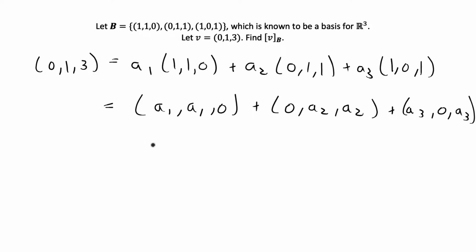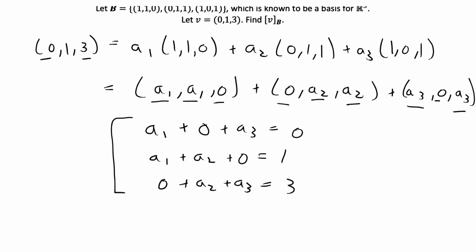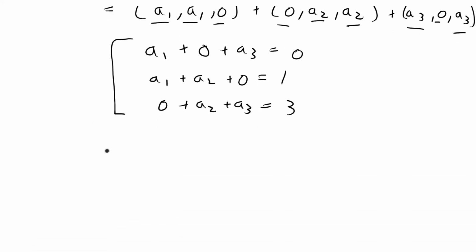So a1 plus 0 plus a3 has to be equal to 0. We know that a1 plus a2 plus 0 has to be equal to 1. And we know that 0 plus a2 plus a3 has to be equal to 3. So this is a system of linear equations with 3 equations and 3 unknowns, so we can find a unique solution for a1, a2, a3.